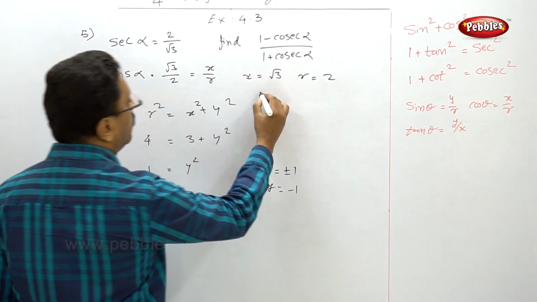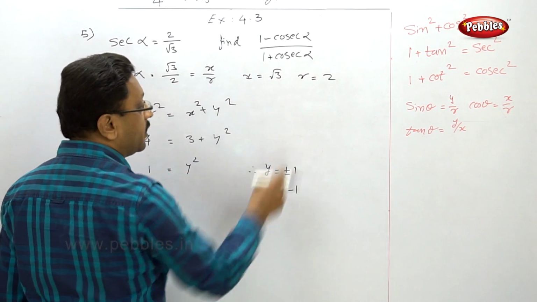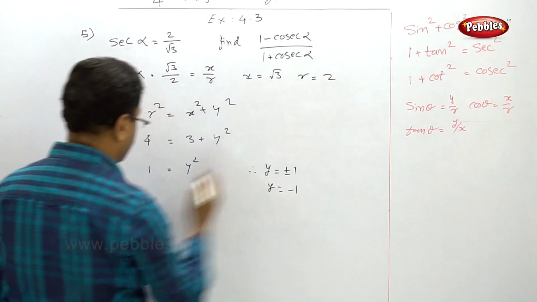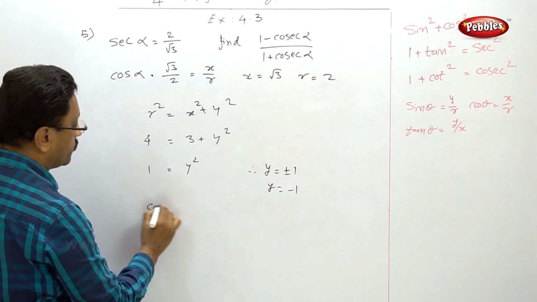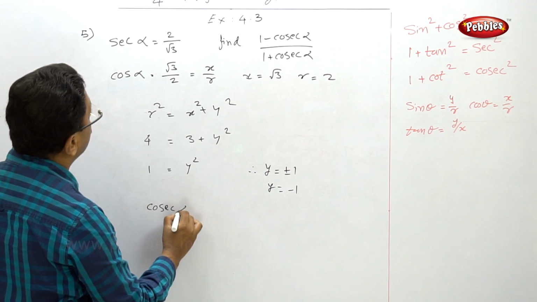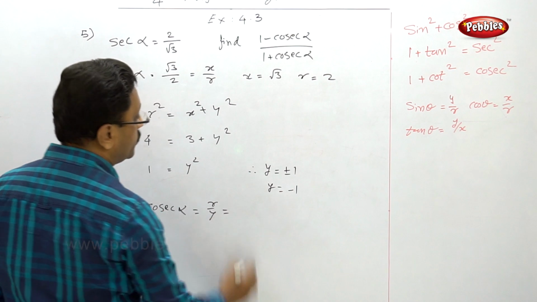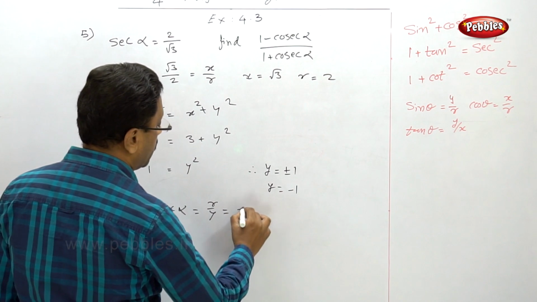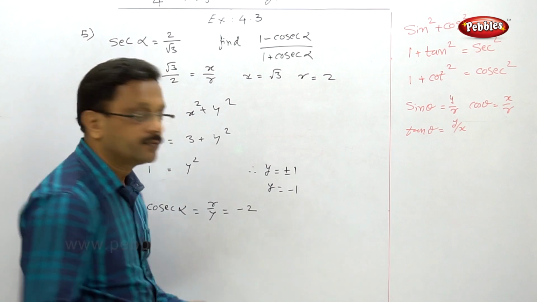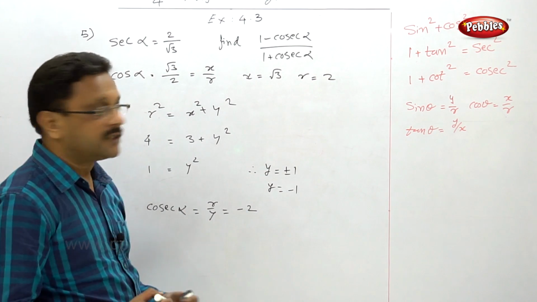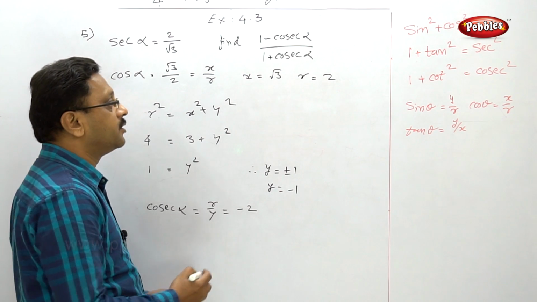So now you have x, r and y. For cosec I require the value of sine. Cosec alpha is equal to r upon y, which is equal to minus 2. You can just substitute here and you will get an answer.